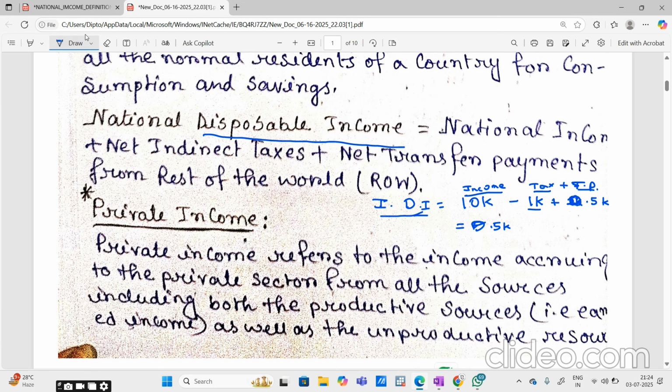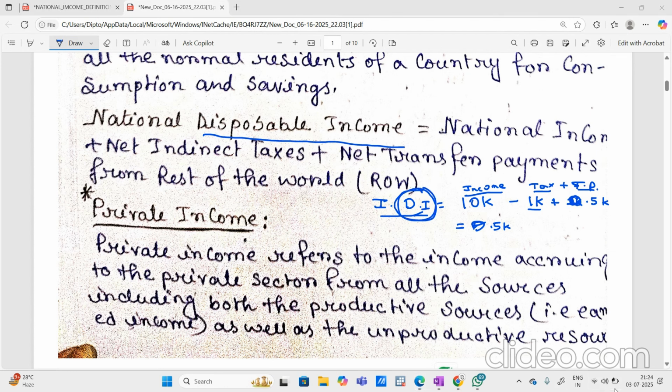Individual disposable income means the amount of money that a person can potentially spend. It is calculated by subtracting the taxes and adding the transfer payments, and this amount of money a person is left with is what we call disposable income.